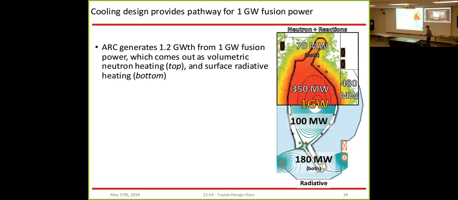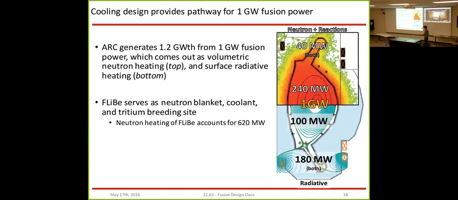So first, to give you a sense of what the heating challenges of ARC are, for a 1 gigawatt design, ARC would generate 1.2 gigawatts of thermal power. 83% of that power comes out as volumetric heating from neutron interactions and also exothermic nuclear reactions. And the rest comes out as surface radiated heating, which hits the vacuum vessel walls and divertor walls. And that's shown at the top and bottom here, respectively.